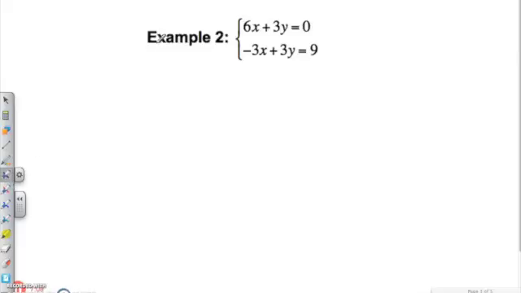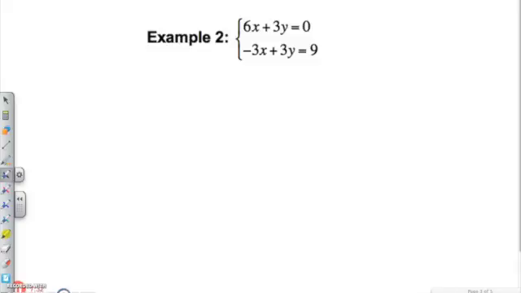If I were to just add these equations, they would not give me anything to cancel out. So what I want to do is figure out a way to manipulate this equation using my 4 operations to make it so that one of these variables cancels out.